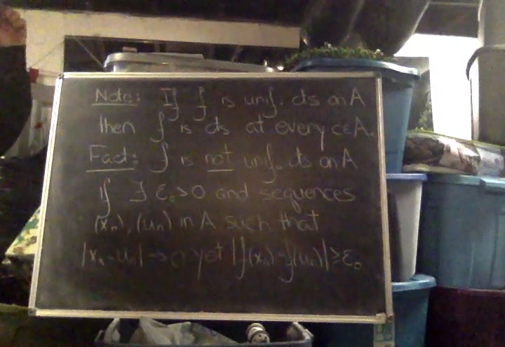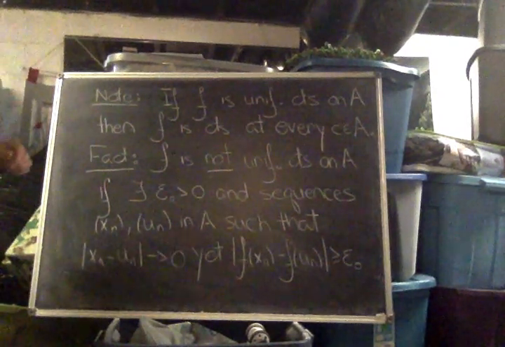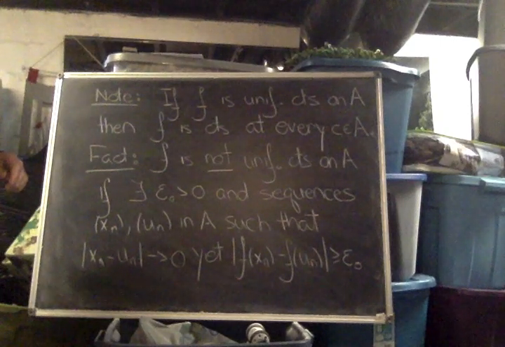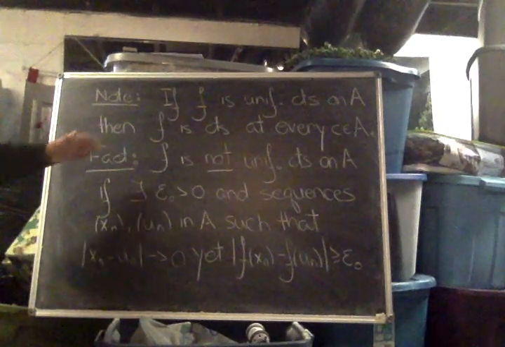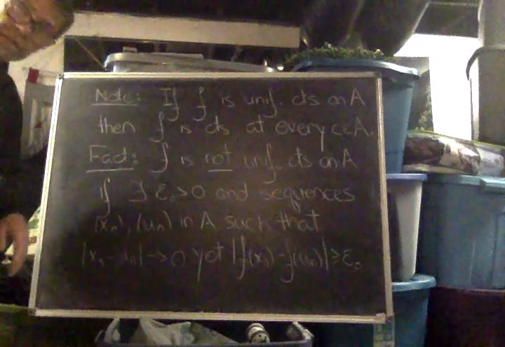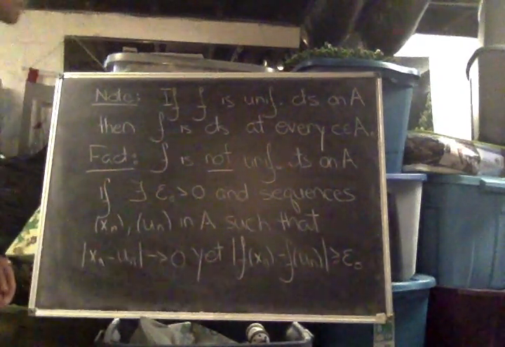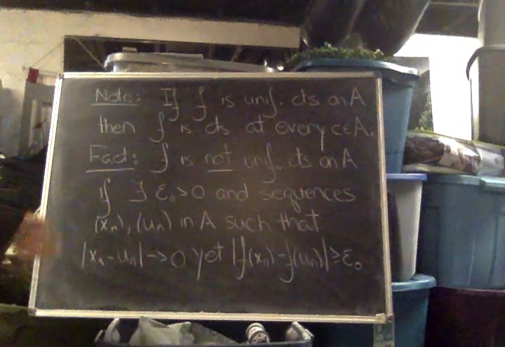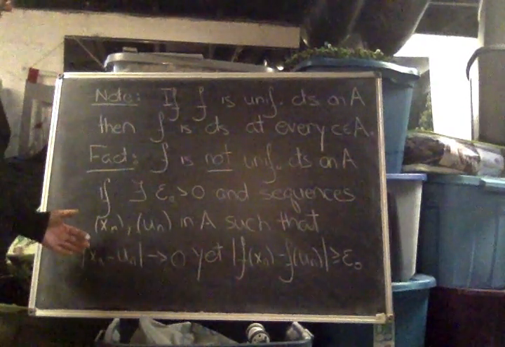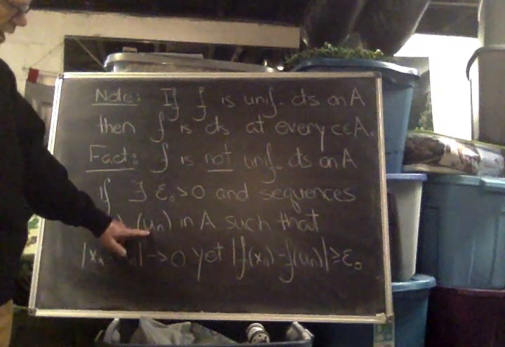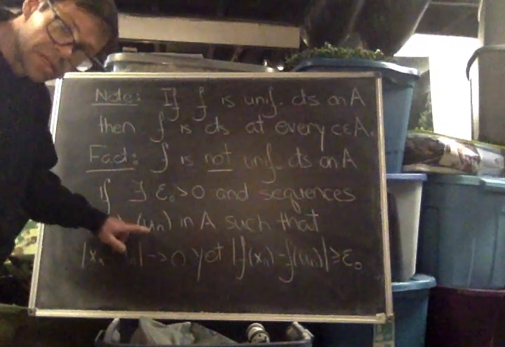If I just wanted to say that f was not continuous at some point, say c in the domain A, then all I would do is take this very definition here, and instead of un here, I would just take the constant sequence equal to c.